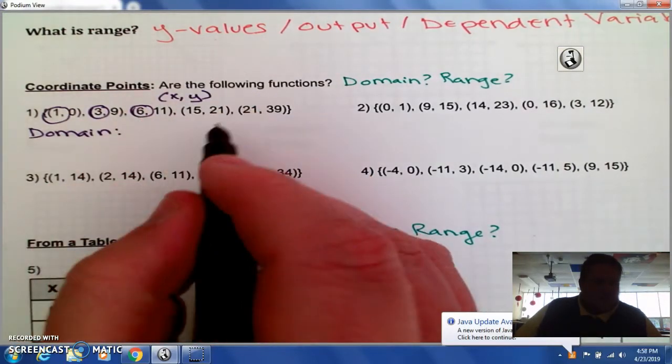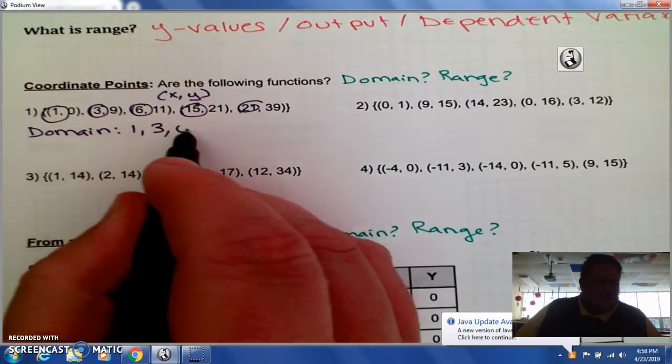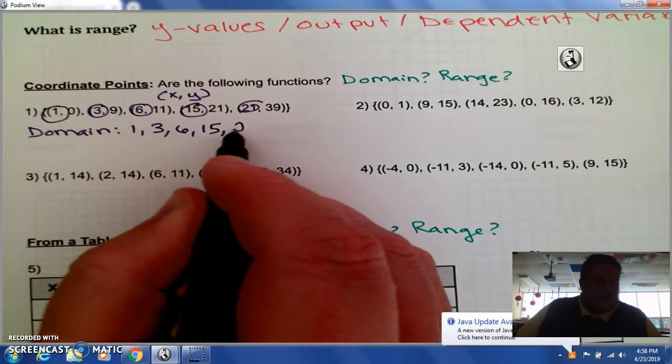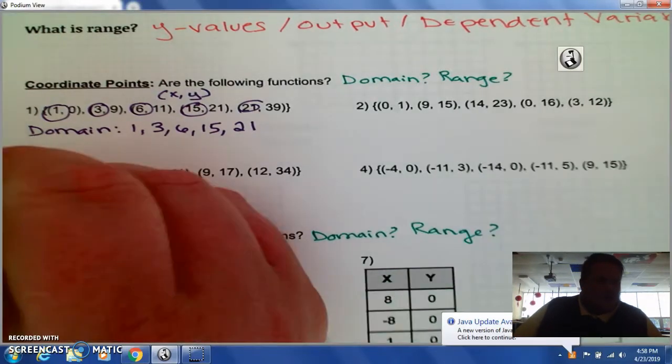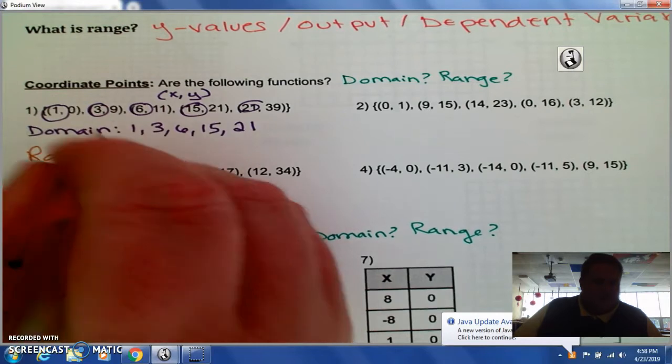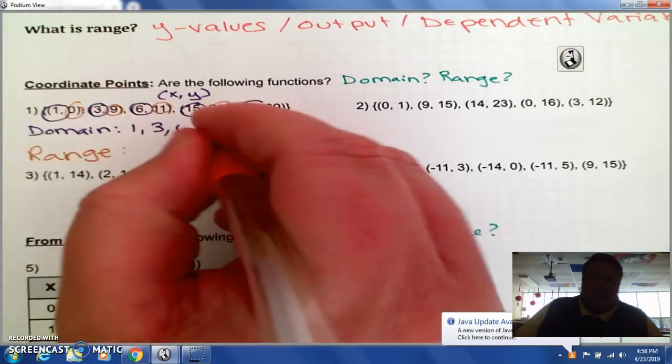So it's all the first numbers in your little parentheses. So 1, 3, 6, 15, and 21. Okay? Your range is going to be the y values, or these second numbers. 0, 9, 11, 21, 39.